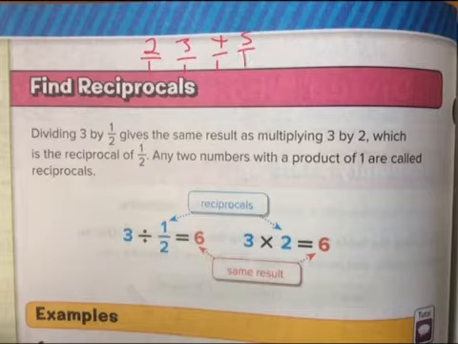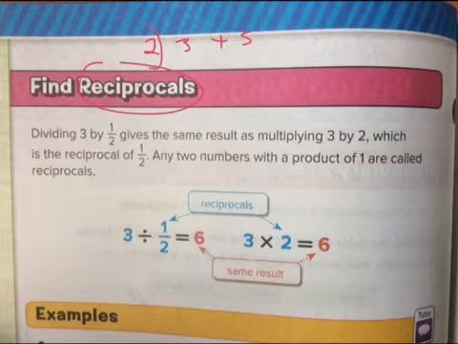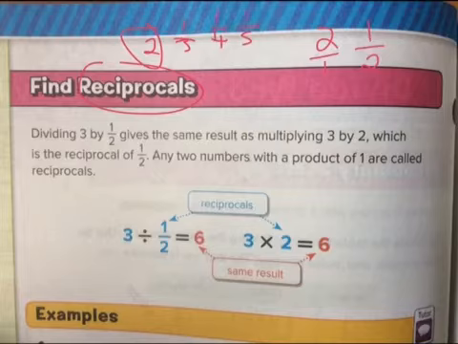But we simply just write them as a whole number, because they're all divided by 1, which makes them the same number. So if I want to find the reciprocal of 2, 2 is 2 over 1, and the reciprocal is going to be 1/2. Same with 3. 3 will be over 1 and under 1. 4 will also be under 1, and 5 will be under 1. That's the reciprocal to all of these numbers.